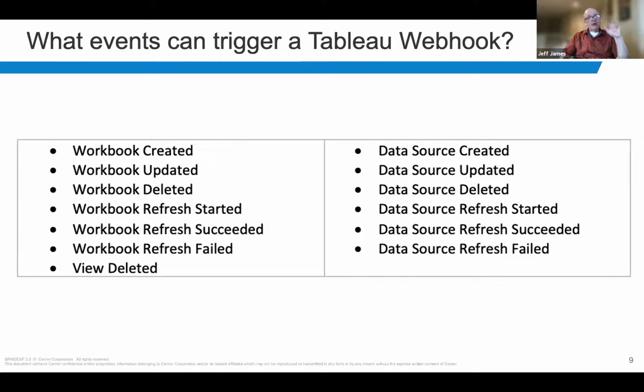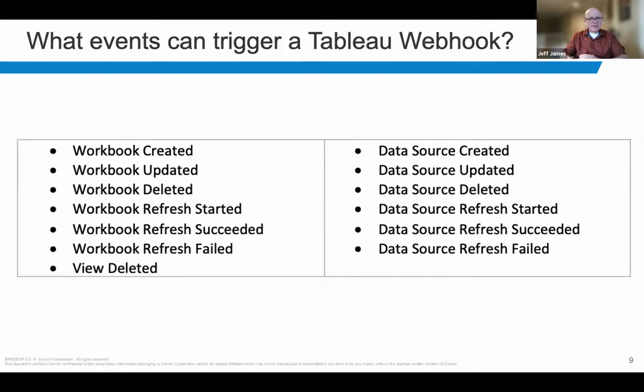Now, when you create a webhook, it's associated with one of these events. So if you wanted to have something that went in and looked at each one of these items, you would have a separate webhook, which would then send the message out on each of those things, which is really not a big deal.